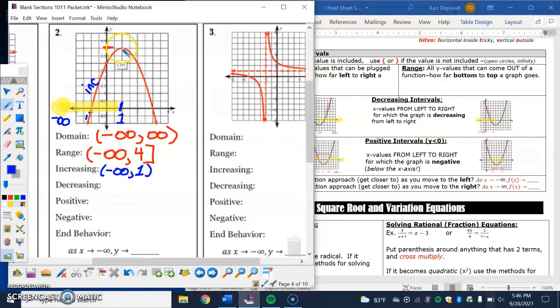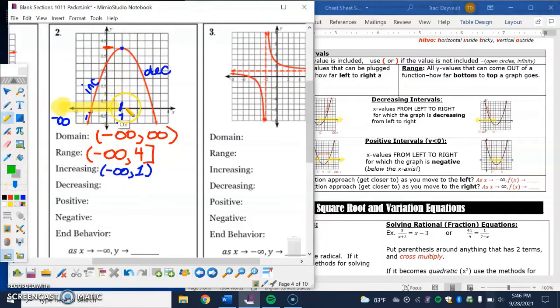Why is 1 not included? Because if we look at the graph right here, is the graph increasing at 1 or is it decreasing? Neither. It's not increasing or decreasing. It's switching there. So now the graph is going to start decreasing, and we let them know where it's decreasing by looking on the x-axis.